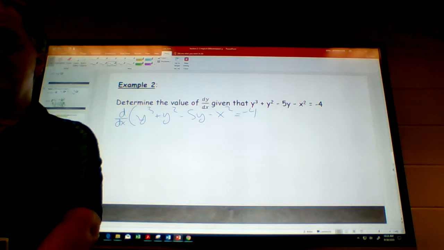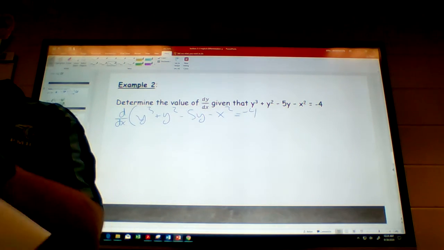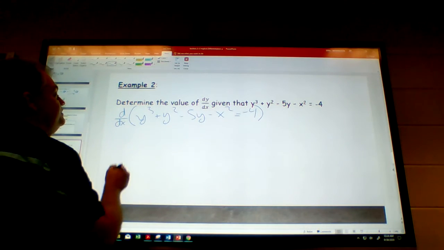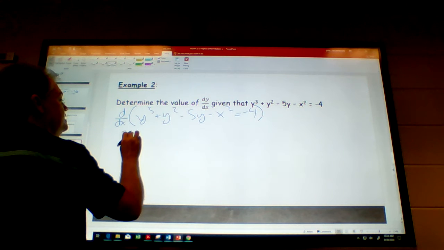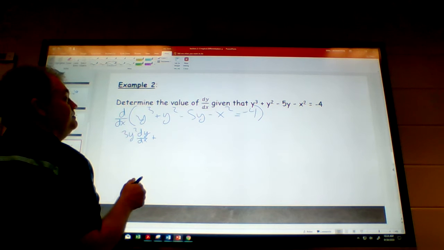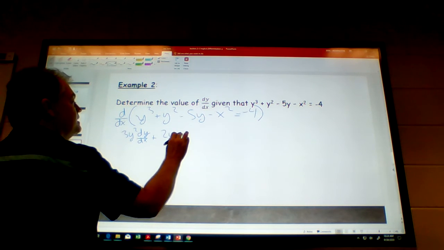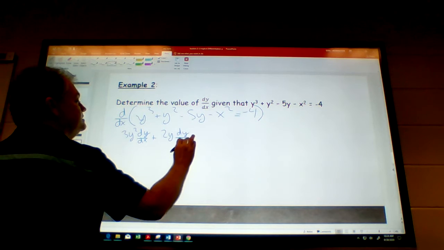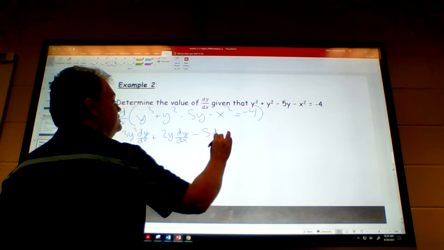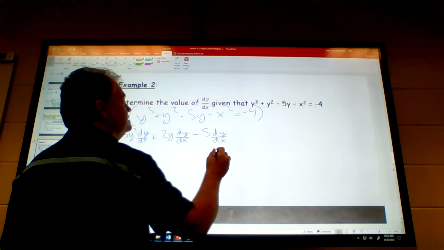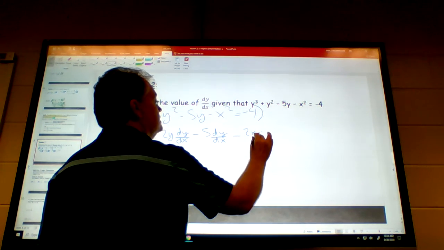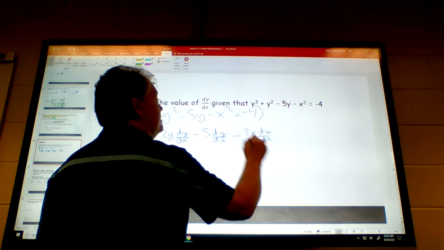All right, when I do that, it's going to look like this. The derivative of y to the third is 3y to the second dy over dx, plus the derivative of y to the second is 2y dy over dx, minus the derivative of 5y, which is just simply 5 dy over dx, and then minus 2x dx over dx, because remember, this is in terms of x.